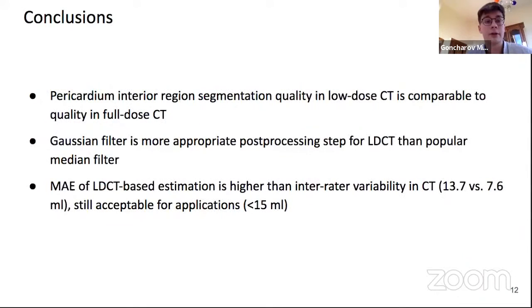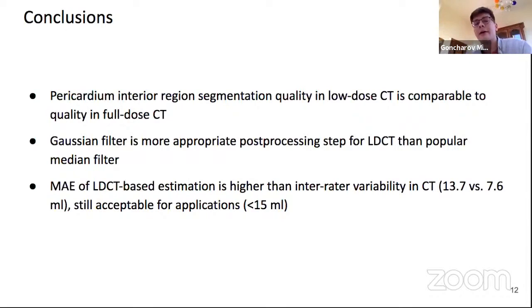Okay, so to conclude, I'd like to mention that first we see that pericardium interior region segmentation quality in low dose CT images is surprisingly comparable to quality in full dose CTs. Second, the interesting insight is that Gaussian filter is a more appropriate post-processing step for low dose CT images than the popular median filter.